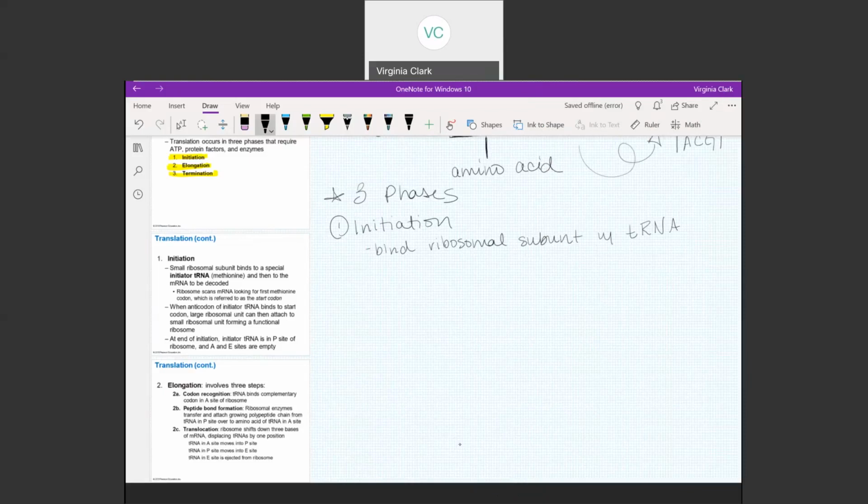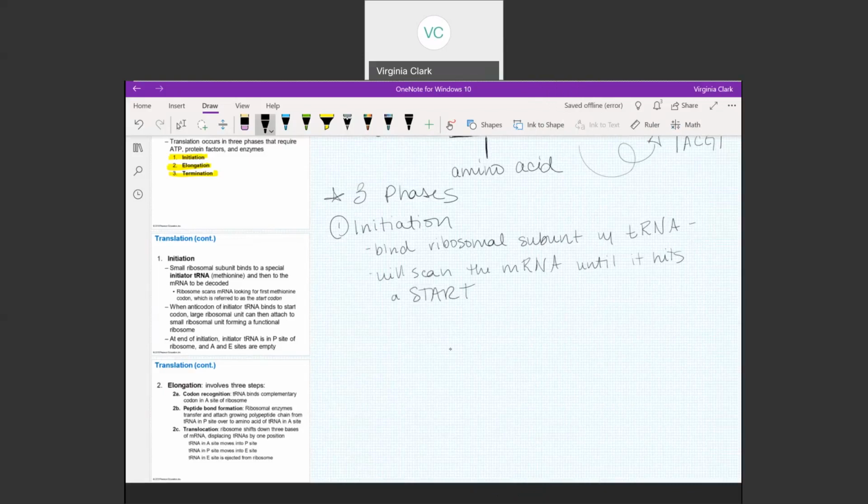And essentially this will scan the mRNA until it hits a start codon.